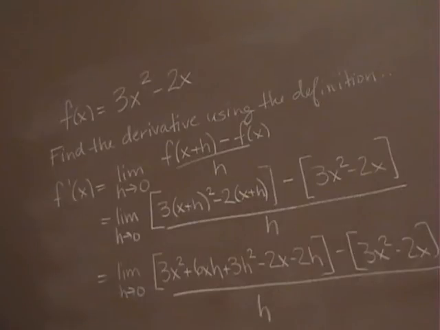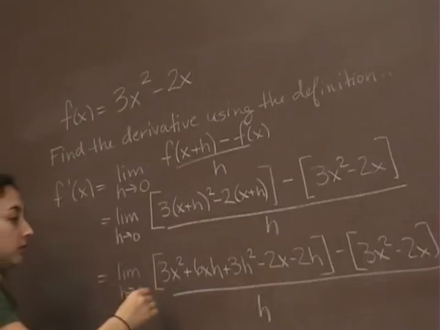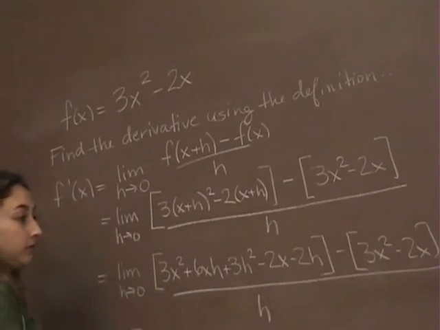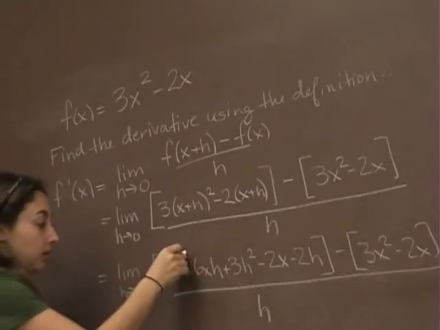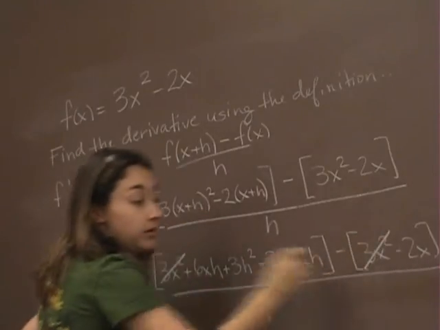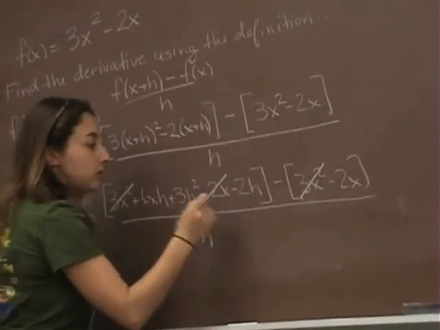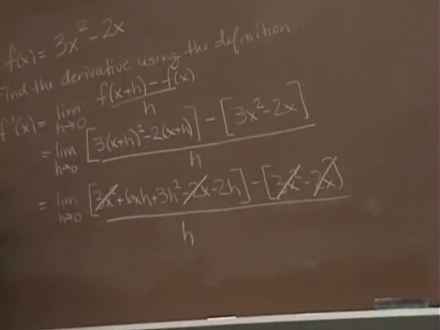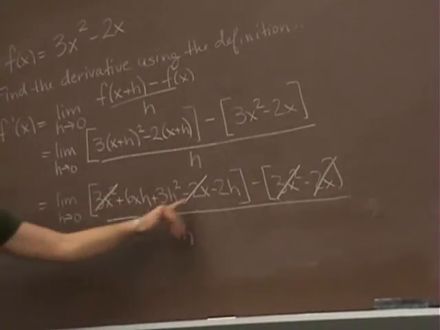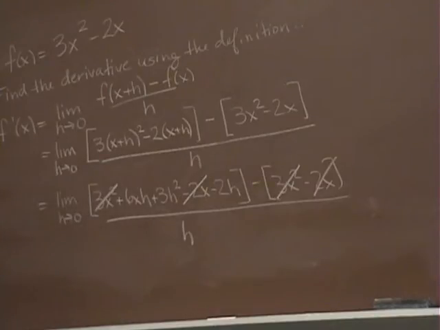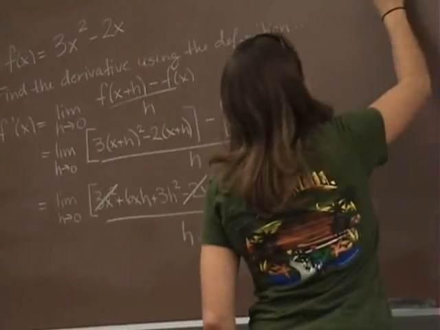Then you look and ask, what cancels? The 3x squared and the 3x squared cancel. The negative 2x and that negative 2x cancel. Now everything that's left has an h in it, so I can factor one h out.